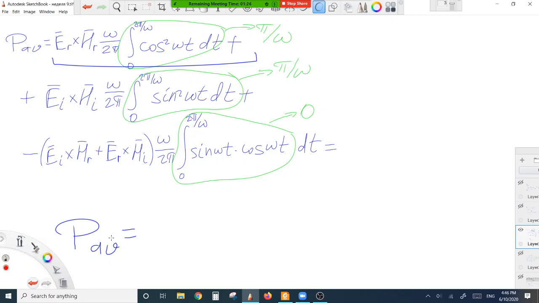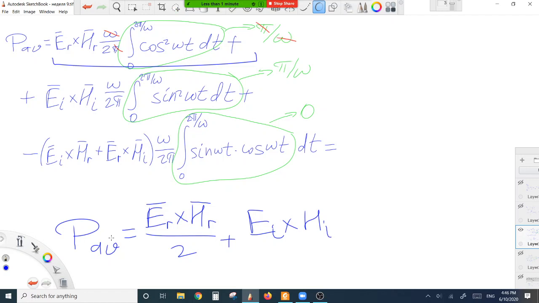Omega and omega simplify, π and π simplify, and there remains only 1 over 2, or Er cross Hr over 2, plus, here again omega and omega simplify, π and π simplify, Ei cross Hi over 2.